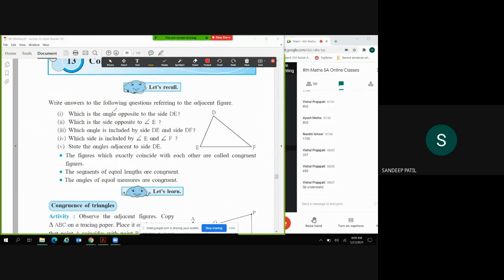So हमने, I think, let's recall. Right, answer the following questions referring to the adjacent figures. So which is the angle opposite to DE? That is, इस side के opposite angle कौन सा है? Angle DEF or angle F. Okay. Which is the side opposite to angle E?